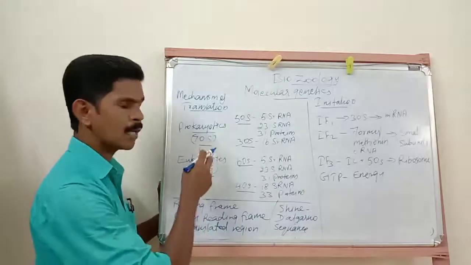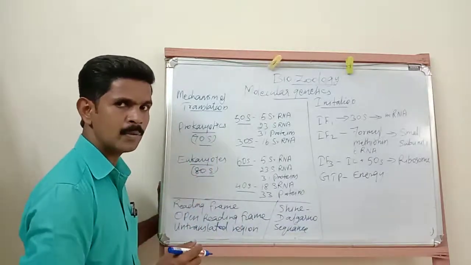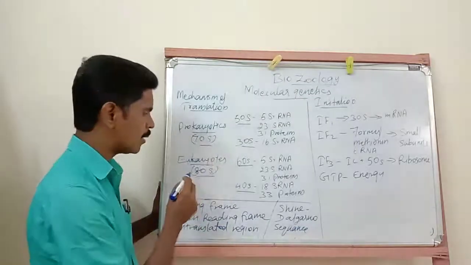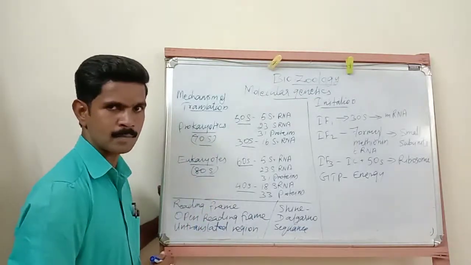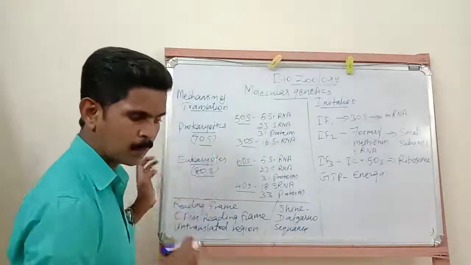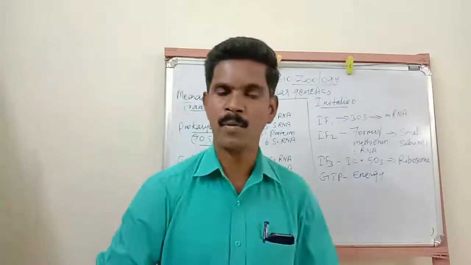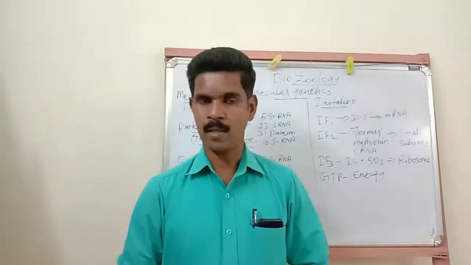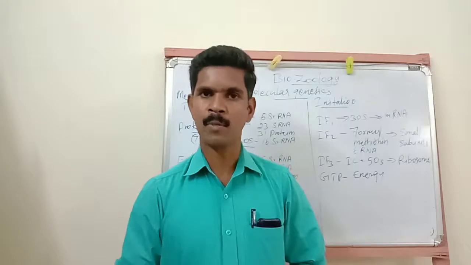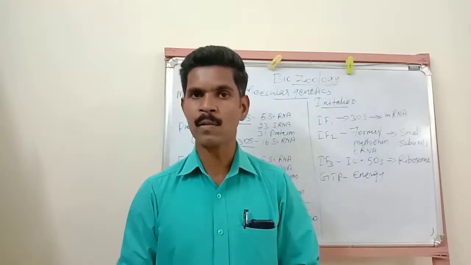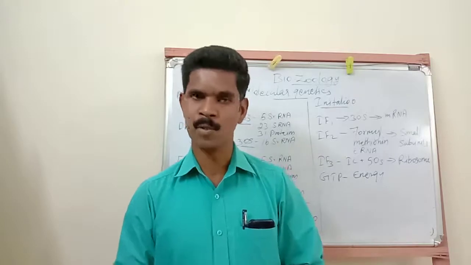Now we have completed the larger and smaller subunits of both prokaryote and eukaryote ribosomes. These subunits, both larger and smaller together, have to encounter an mRNA molecule. Then only can the mRNA molecule be involved in the translation process to synthesize protein.